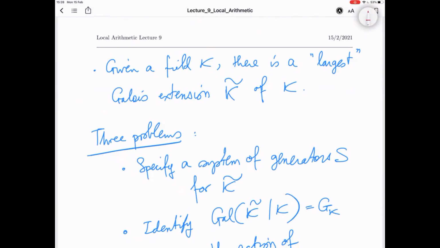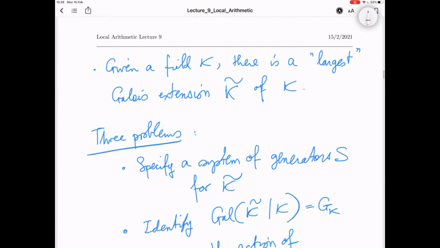So there is a largest Galois extension, K tilde of K. What it means is that it contains every Galois extension of K, and if some other extension contains every Galois extension of K, then K tilde is contained inside that extension.